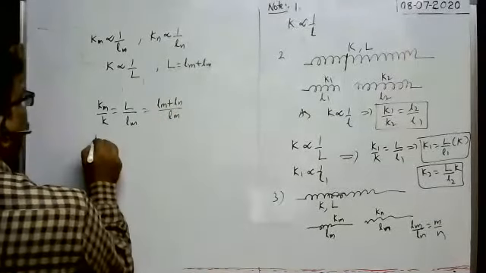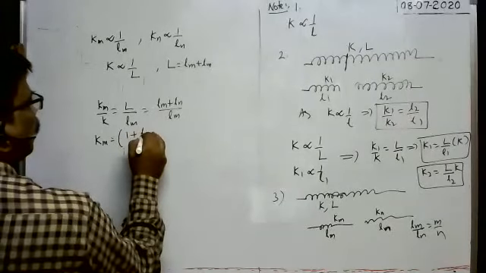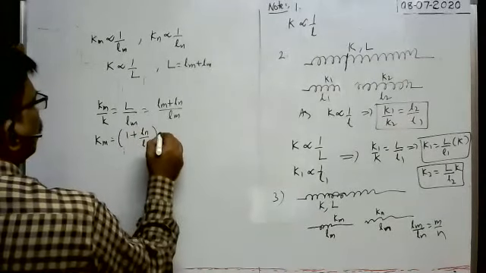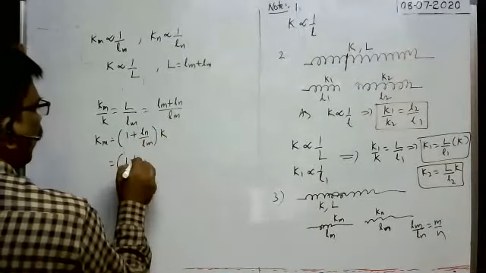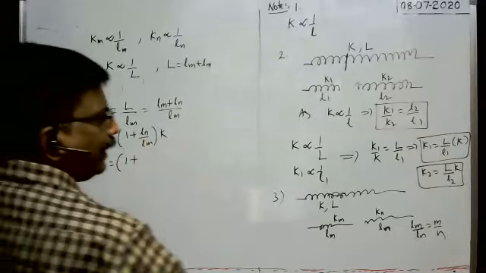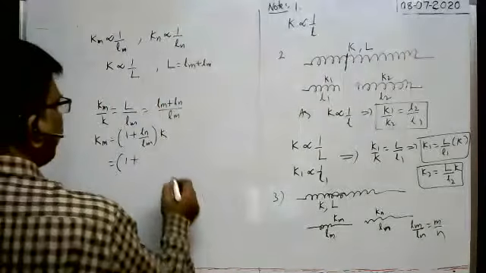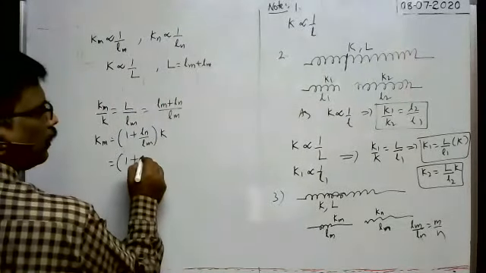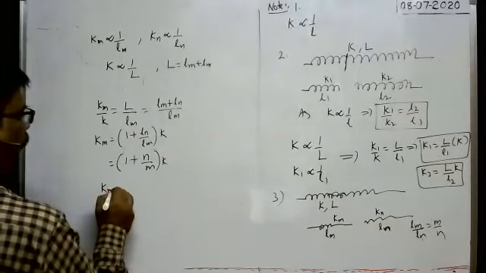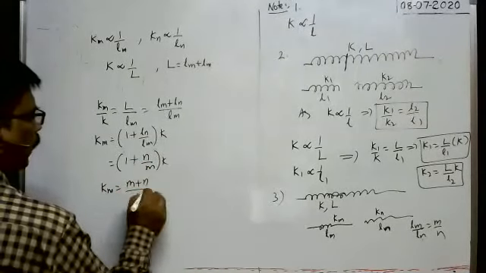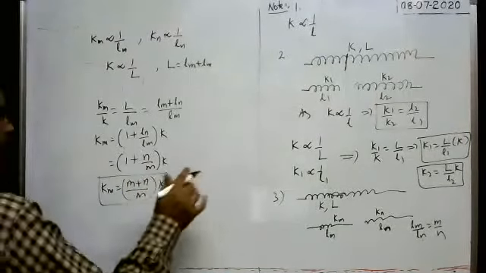So Km is equal to 1 plus Ln by Lm into K. Now Ln by Lm is equal to n by m. Therefore Km is equal to m plus n by m into K. This is the spring constant of the first part.